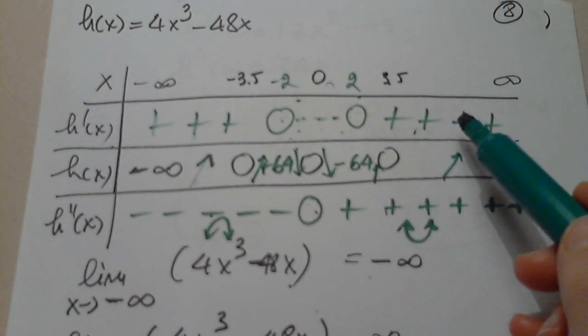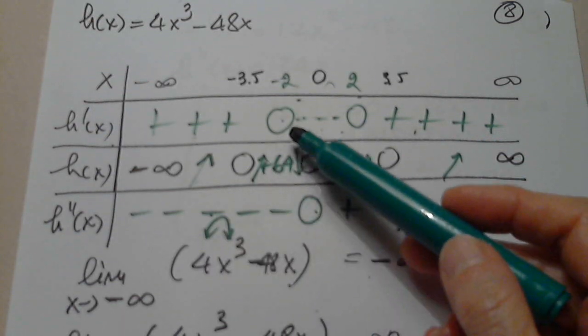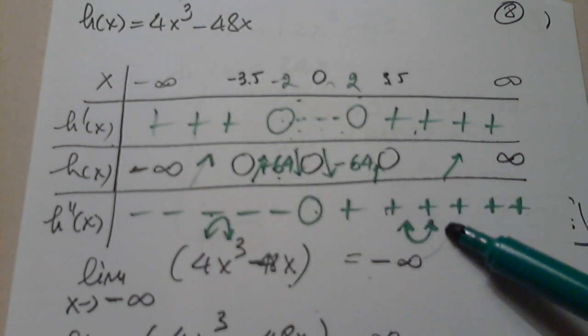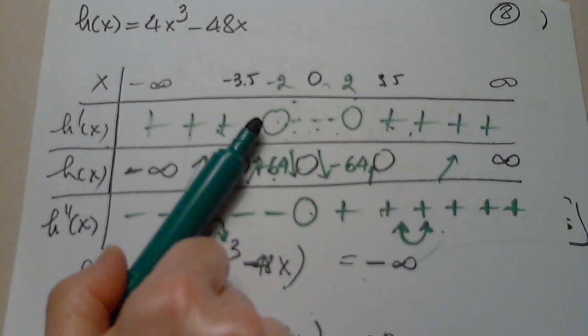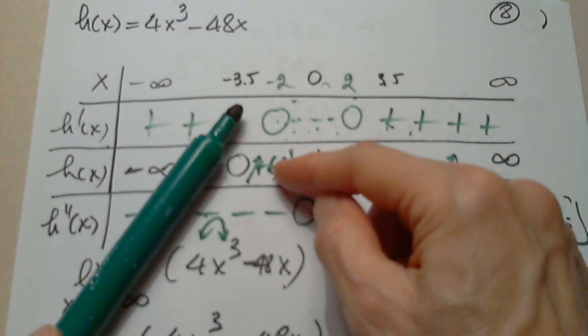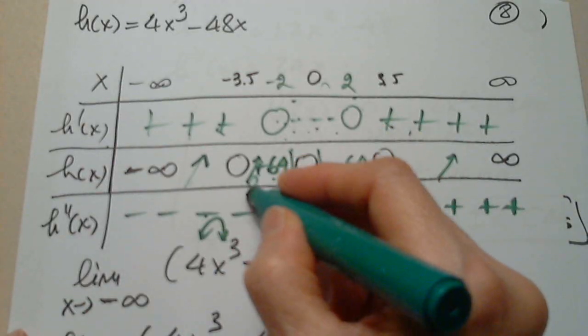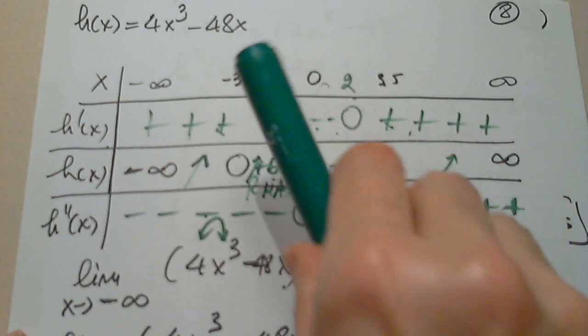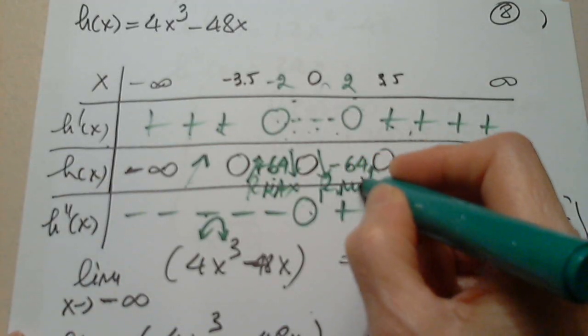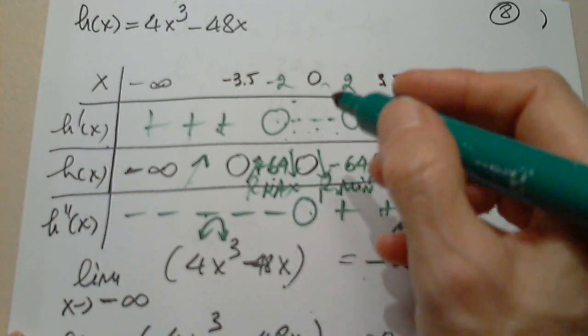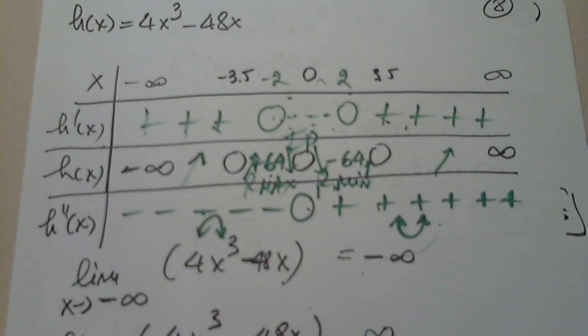And it matches. So it's a relative max, of course, as expected. It's a relative min, of course, because of the sign. Increasing and decreasing, so this is a relative max. And then decreasing and then increasing, so this is a relative min. And this is the IP. At 0, 0, the function changes concavity.